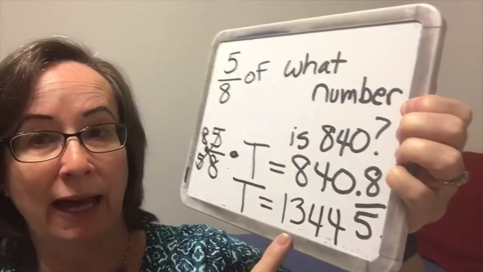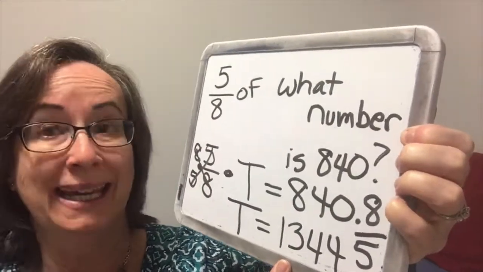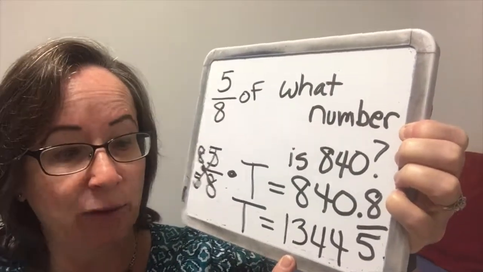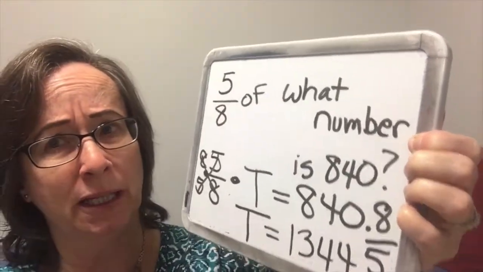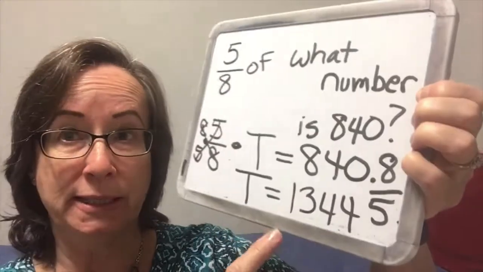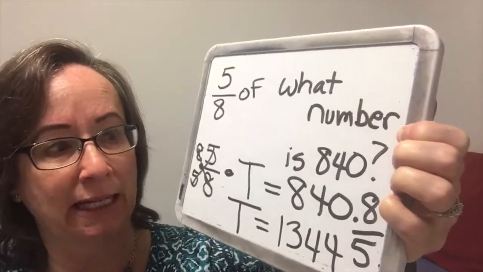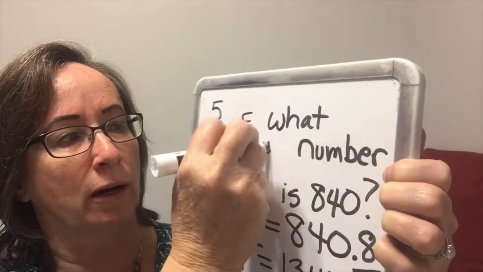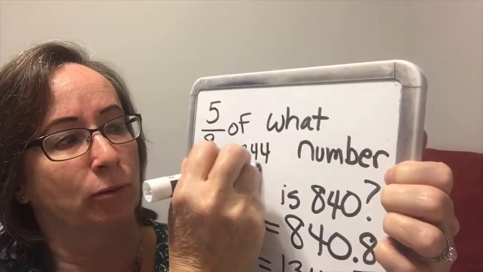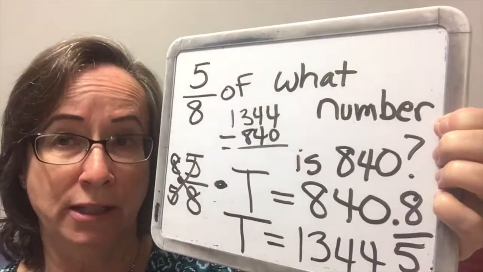Now, if we had 1,344 gnomes totally in the forest, and we had 840 of them that are happy, how many are sad? Well, wouldn't we take 1,344 and subtract the 840? So 1,344 minus 840, and now we have 504 sad gnomes.